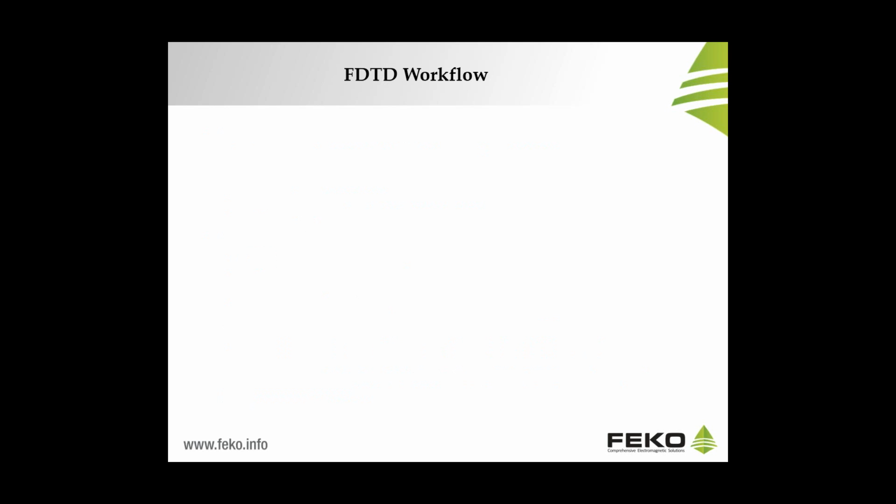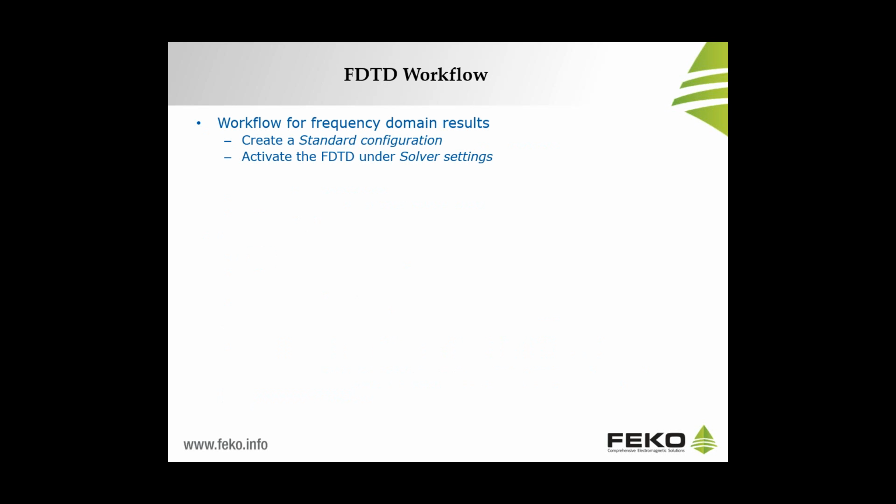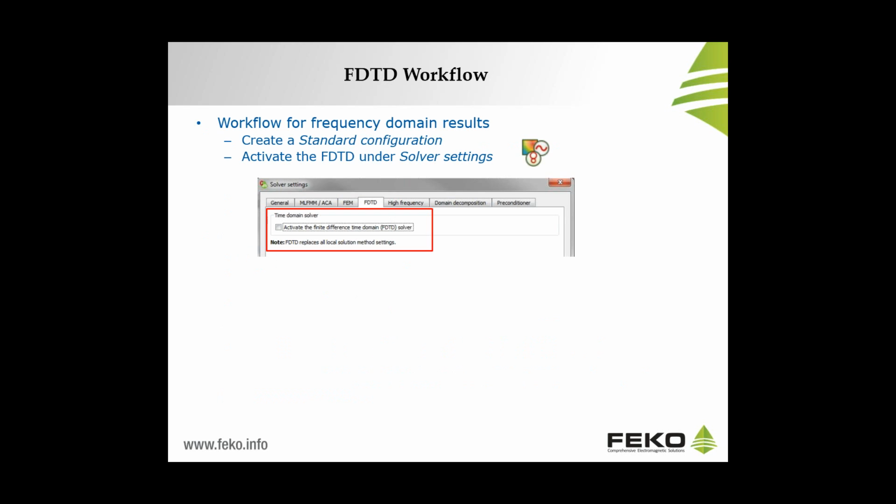Regarding the workflow with FDTD, you will see that there are two workflows. First, one related to frequency domain results, where you have to create a standard configuration as it is done today in CAD-FEKO. And then to activate the FDTD, you just need to go to solver settings, you go to the FDTD tab, and you just have to select this checkbox in order to activate the FDTD solver.